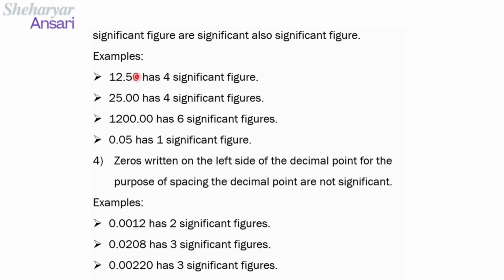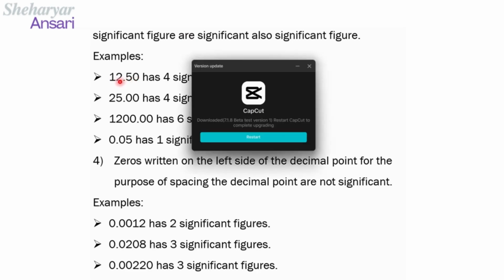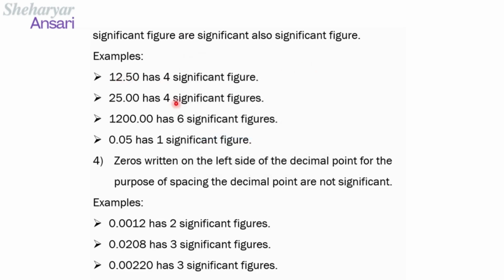In this example, this 0 comes after 5, which is a significant figure, and after the decimal, so this 0 will count as a significant figure. So there are four significant figures in this example.